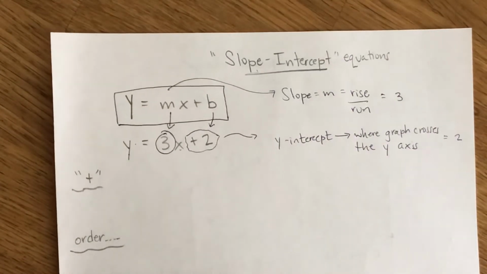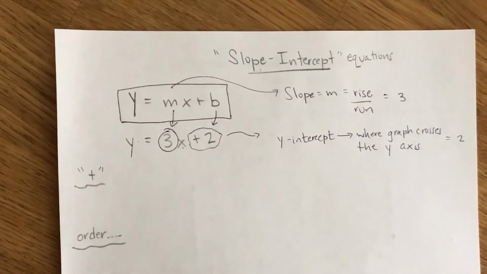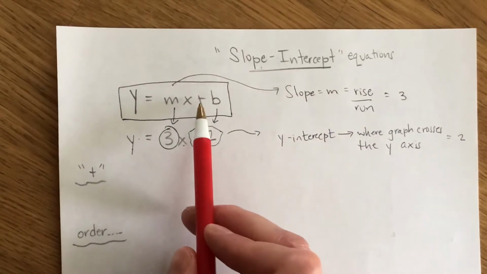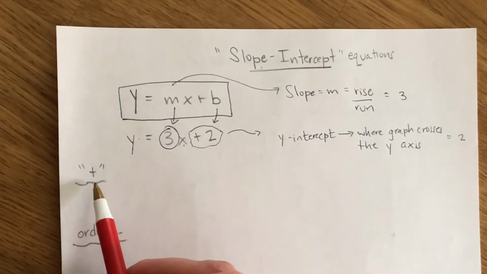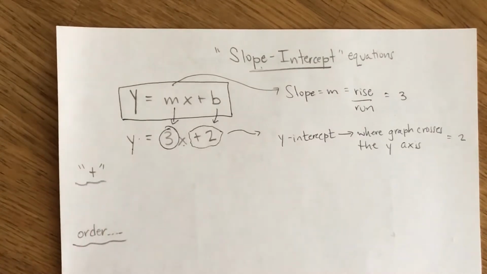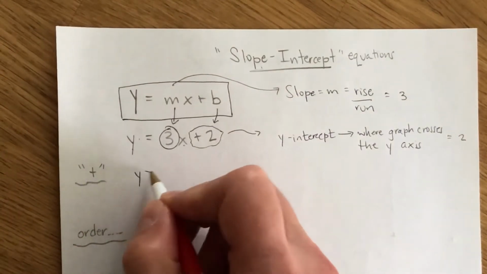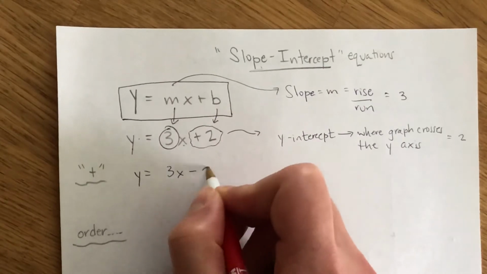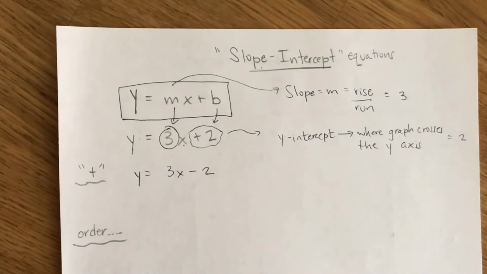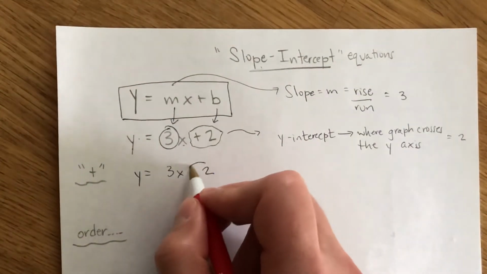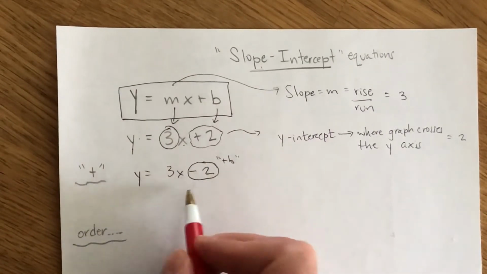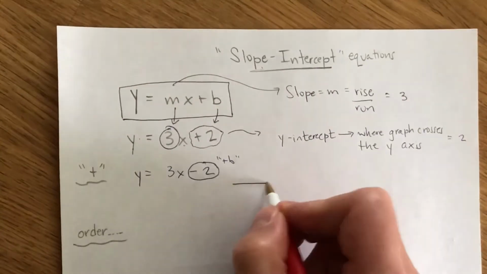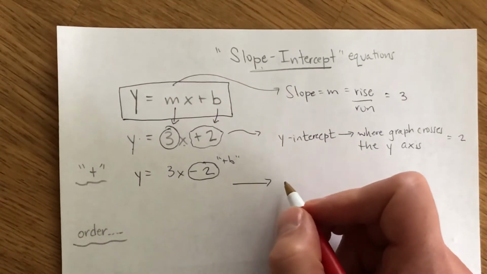Just to address a couple things here, what qualifies as being in slope-intercept form? As soon as you see y equals mx plus b, some people, understandably, think you automatically have to be adding. But you could have y equals 3x minus 2. This is still in slope-intercept form, and this is still your y-intercept, the plus b part, because negative 2 can be rewritten as plus negative 2.